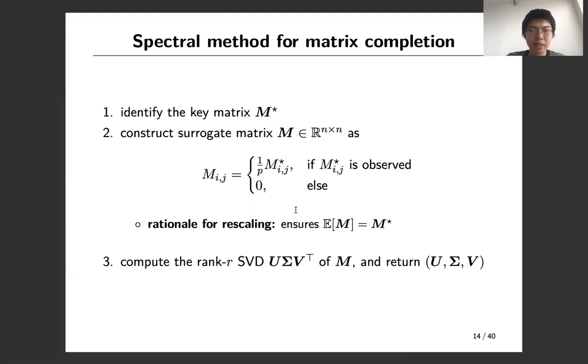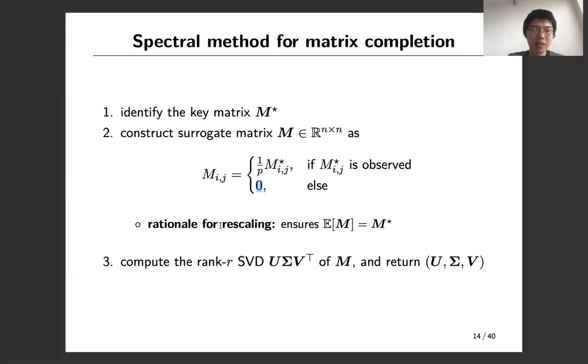We set M ij to be 1 over P times M star ij if this entry is observed. If not, we simply set it to be 0. So you may view it as just a scaled version of the observed matrix we have.